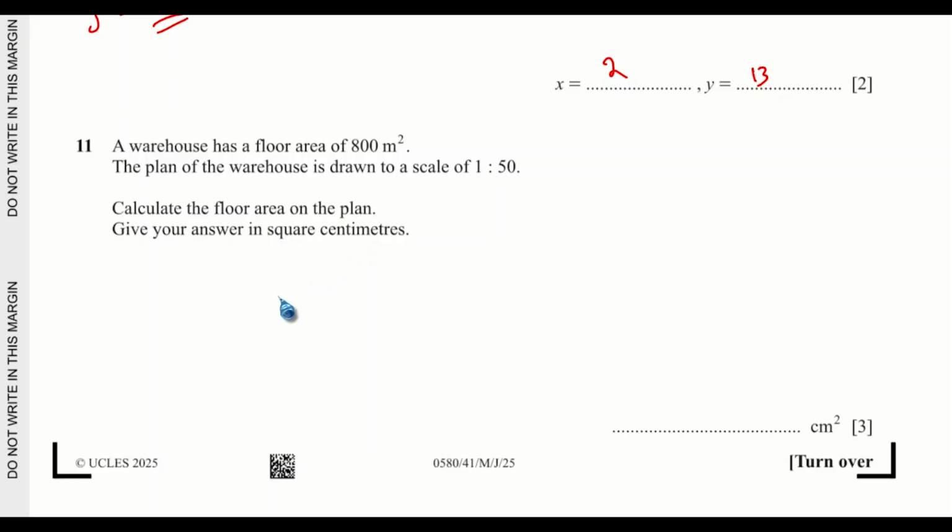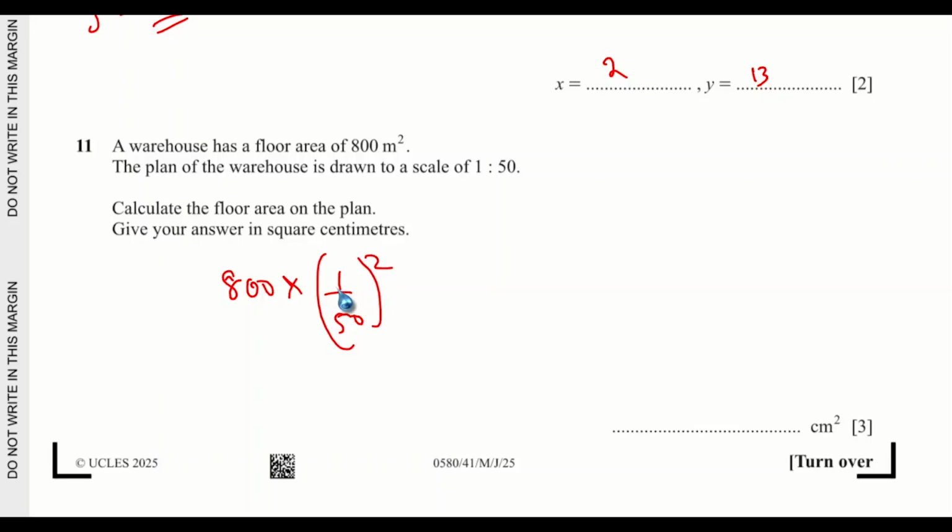Okay. So what you need to do here is pretty easy, but you just have to consider the area of this scale. Since you are dealing with area, area scales with the square of the linear scale, so this gives us 800 times 1/50 squared like this.